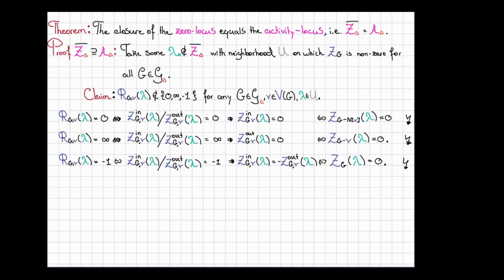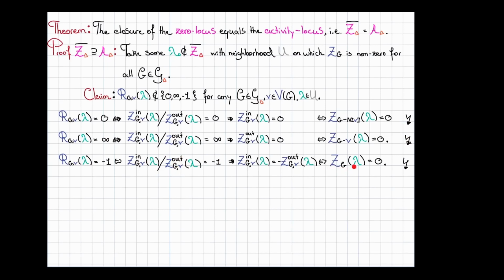And -1 is technically the most tricky part. If this ratio is -1, well, either both numerator and denominator are 0, because somehow these zeros could cancel, or you can just multiply by Z out. In both cases, Z in is minus Z out, and Z of G is just the sum of Z in plus Z out.